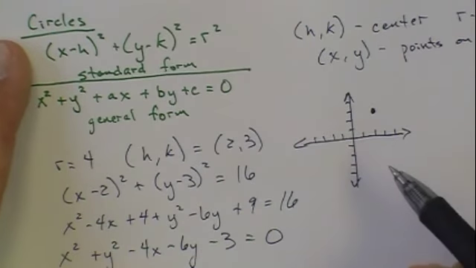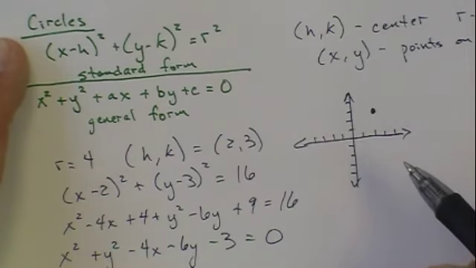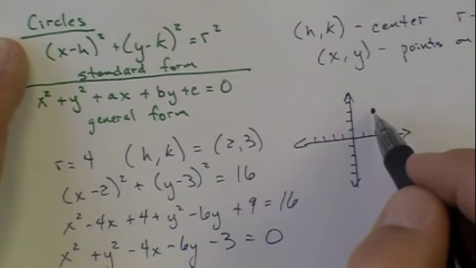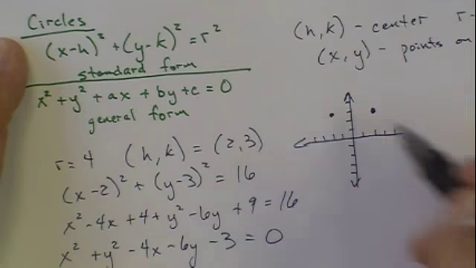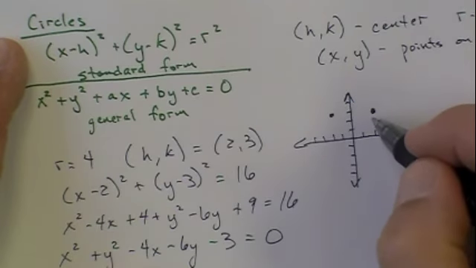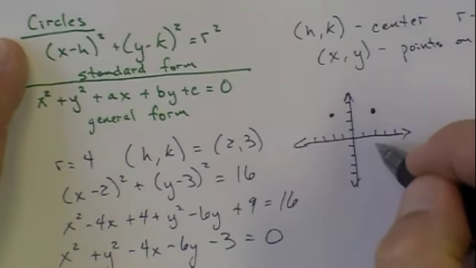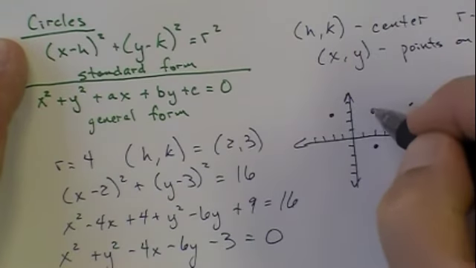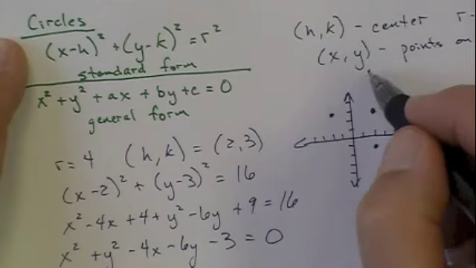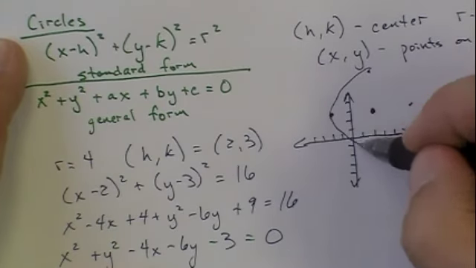And then we could count off points from there. For the radius to be 4, I could go back 4 here. 1, 2, 3, 4. That would be a point on the circle. I could go down 4. 1, 2, 3, 4. That'd be a point. I can go over 4, and I could go up 4 to find these other points to give us our circle.